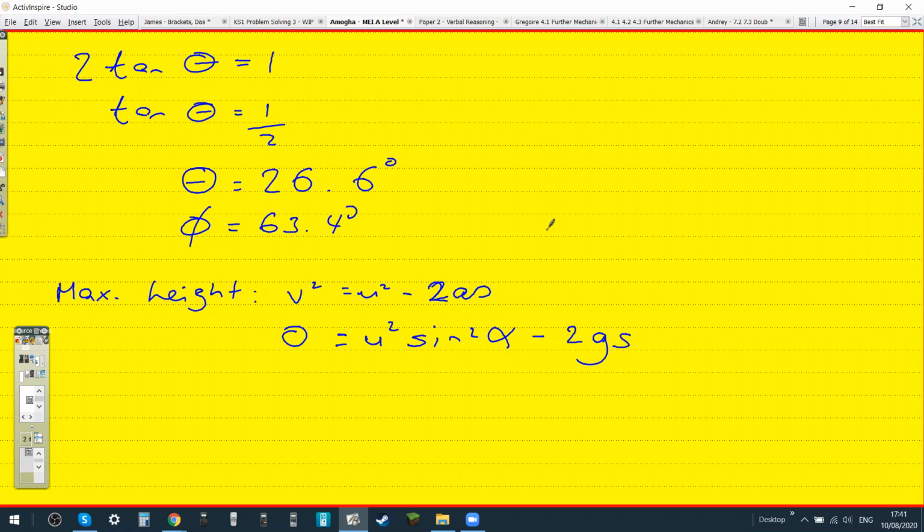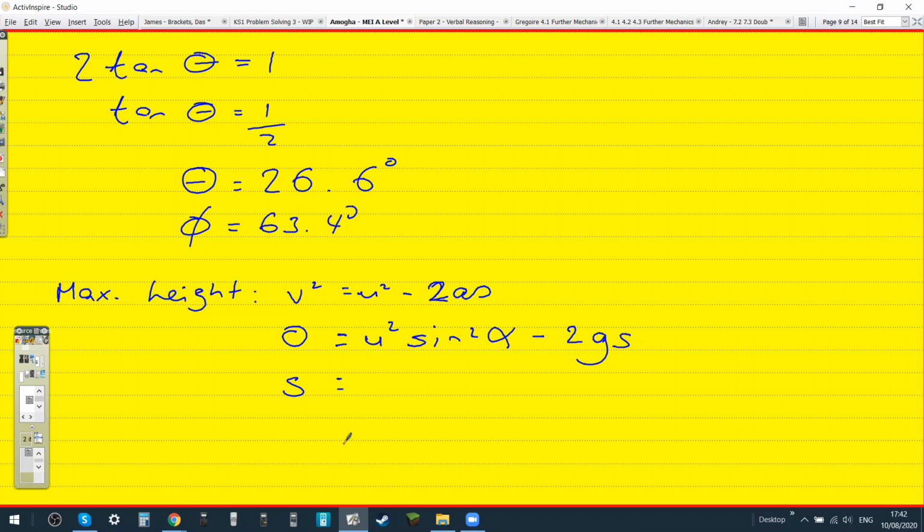Why is it sine squared? Wouldn't it just be sine 26.6? Because you're trying to compare the maximum heights of both of them, I think. So you could make S the subject for vertical displacement.